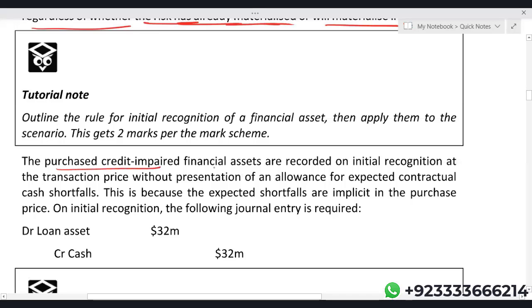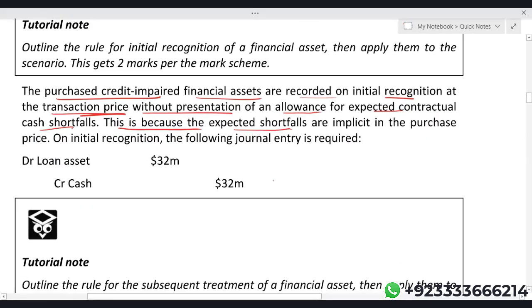Purchased credit impaired financial assets are recorded on initial recognition at a transaction price without presentation of an allowance for expected contractual cash shortfalls. This is because the expected shortfall is implicit in the purchase price, because obviously you will buy such a thing at a cheaper price.